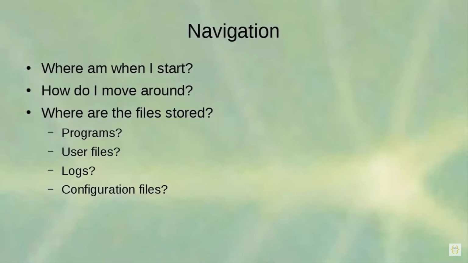User files are usually stored in the home directory, so /home, and then your username. So you store all your files there. Logs get stored in the /var directory, so /var/log. You can go in there and take a look around and see what you find. And then configuration files are normally stored in the /etc directory. So you can look at those and see what files can be edited and changed.